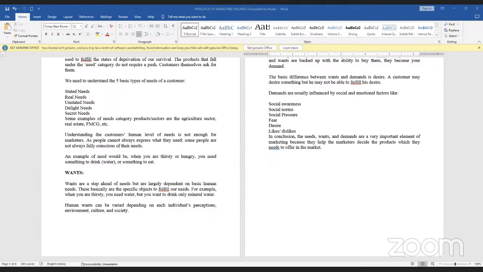But now, though water is available, due to various reasons, requirements, and engagement of the public, many brands came into existence, right? Because of that, we also found water selling in the market.